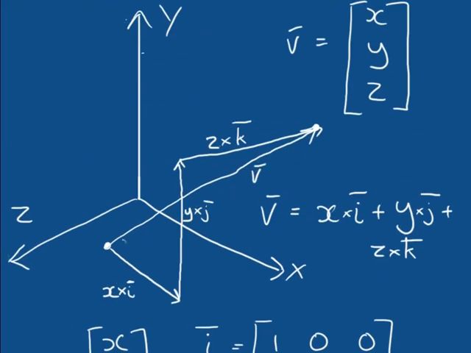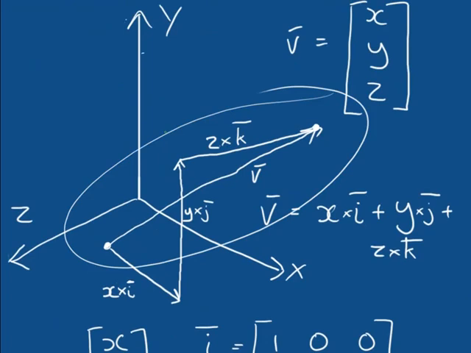We're simply travelling a certain distance in x, a certain distance in y, and a certain distance in z, which is all that our vector does in the first place.